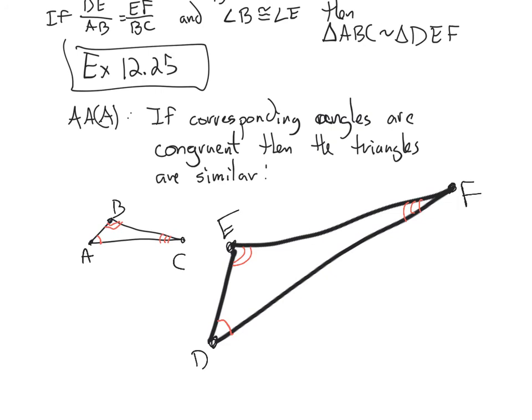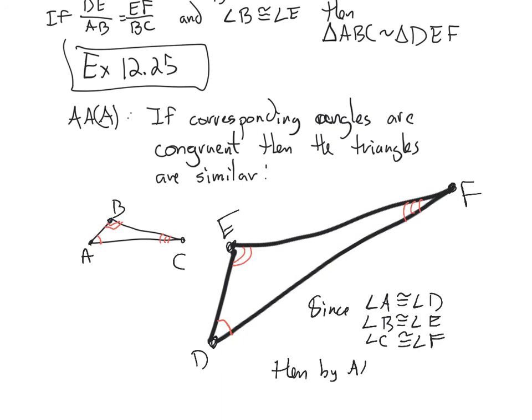Then the angle, angle, angle axiom tells you that since you have that angle A is congruent to angle D, angle B is congruent to angle E, and angle C is congruent to angle F, then by the angle, angle, angle axiom, you know that these triangles are similar. So triangle ABC is similar to triangle DEF.